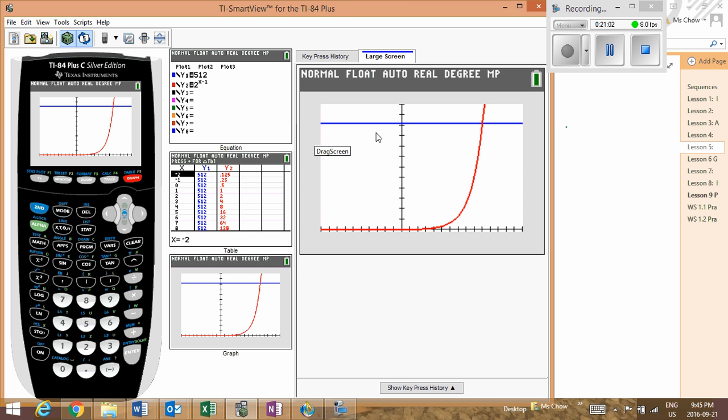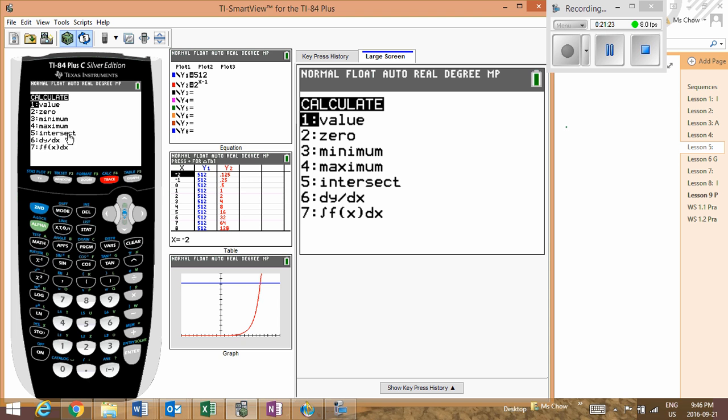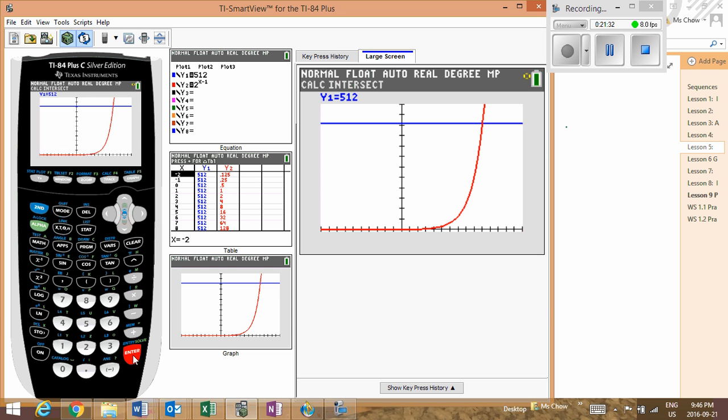Where does y1, so where does 512, intersect with 2 to the n minus 1, and that intersection point is the value of x where those two are equal. To find that, we are going to go to second trace or calculate, and we want the intersection, which is the fifth one.